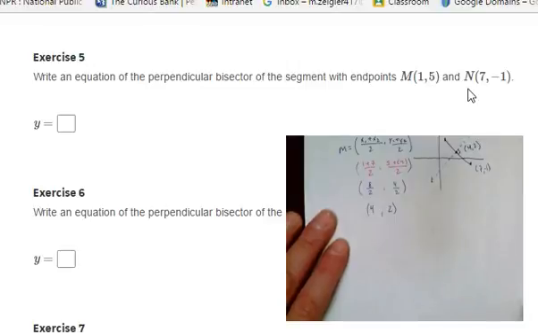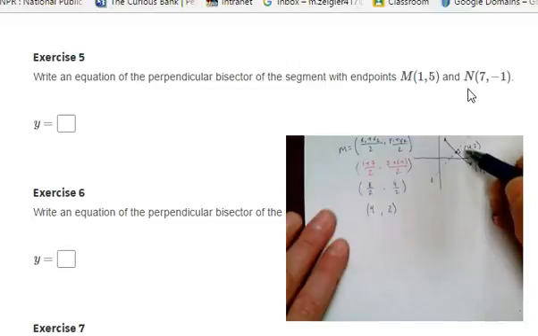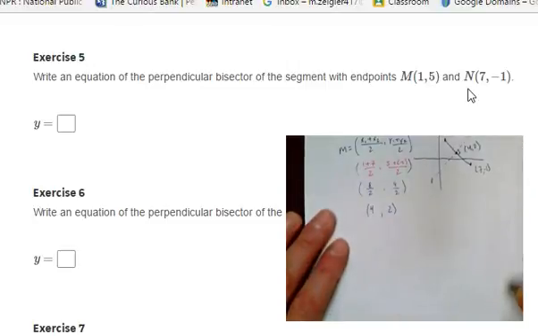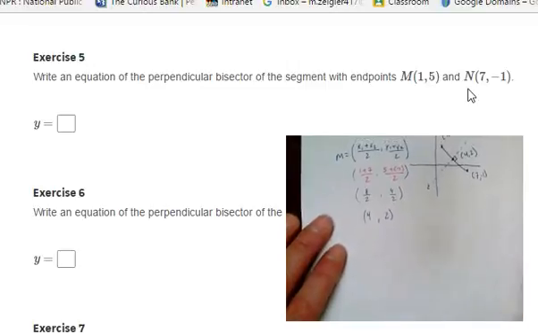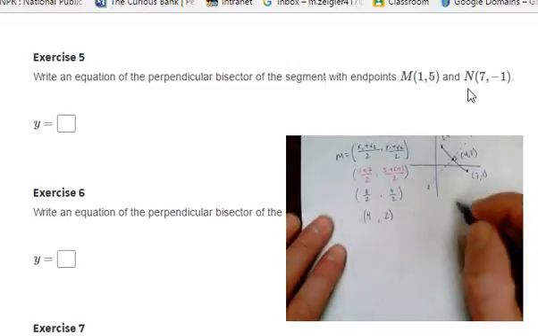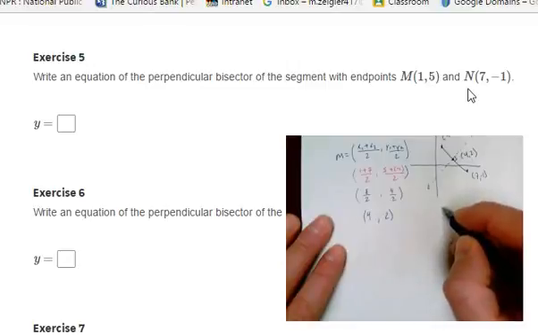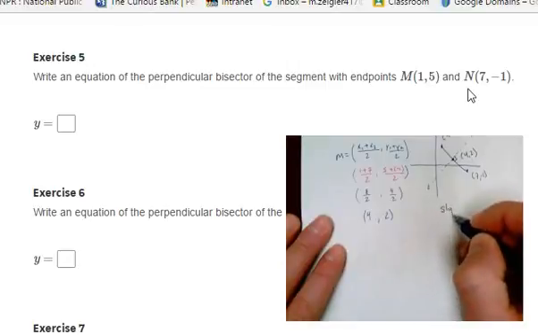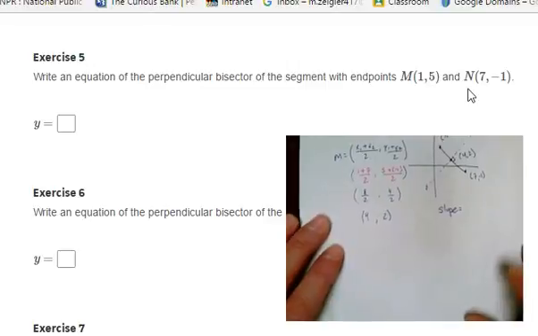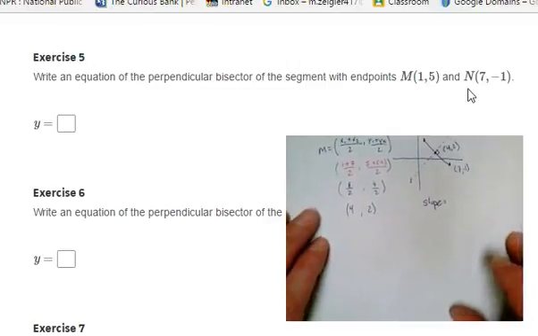So we've got a point that it goes through, and now we need to find its slope. The slope of this line is going to be the negative reciprocal of the slope of this segment here. So let's find the slope of that segment using our slope formula.